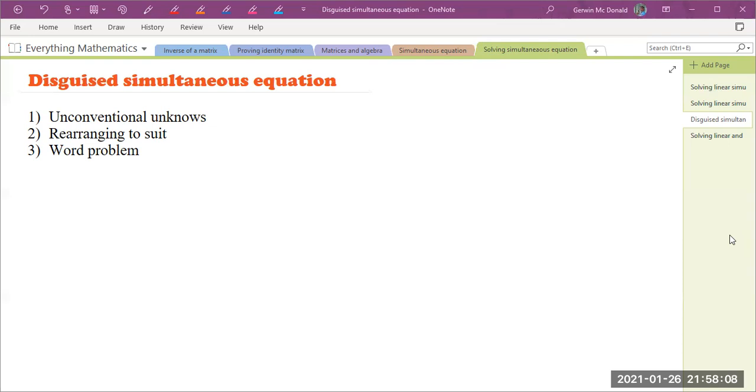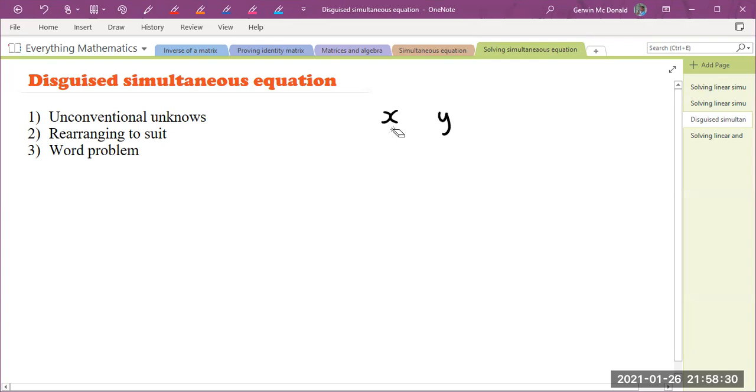So, as I said, over the years these are three common ways in which you see it. Sometimes it is presented as a simultaneous equation, but in an unconventional way. This simply means that in textbooks, and even when we are taught and when we practice, usually we see an x and a y equal to something.